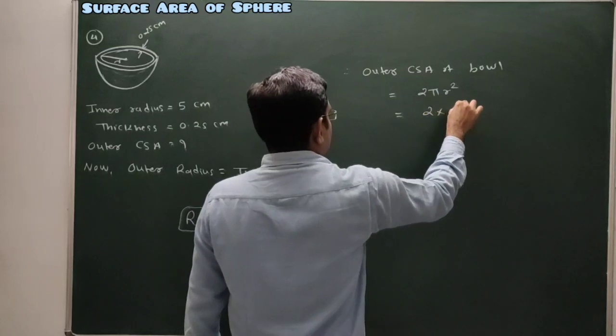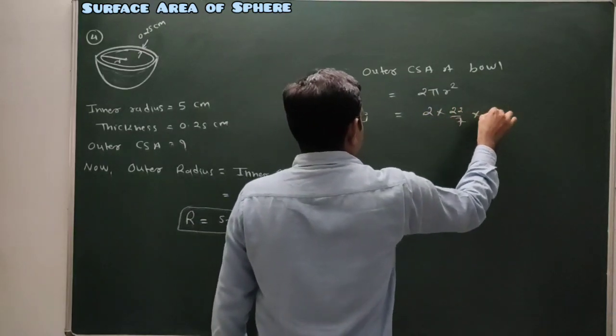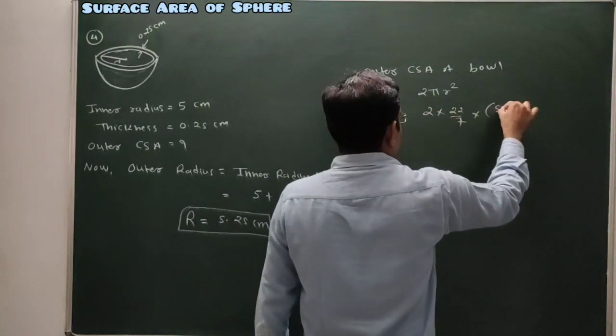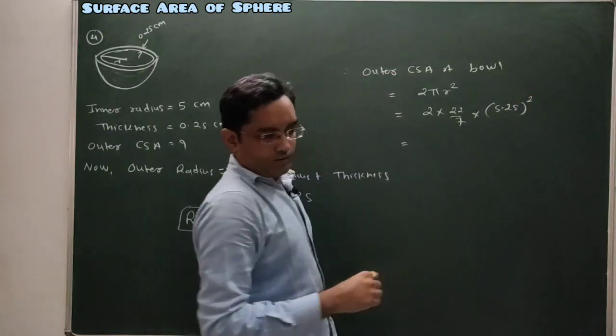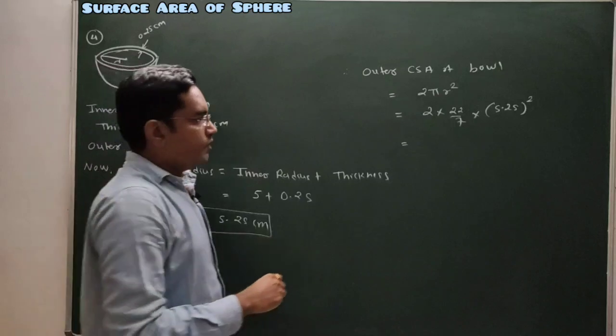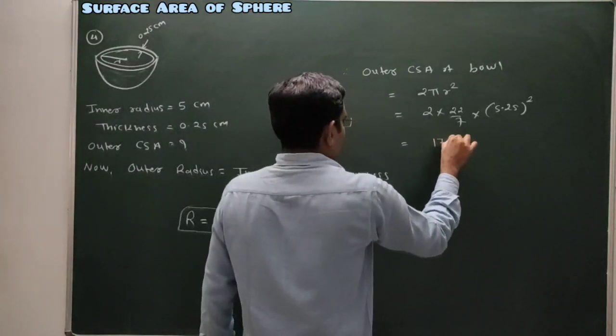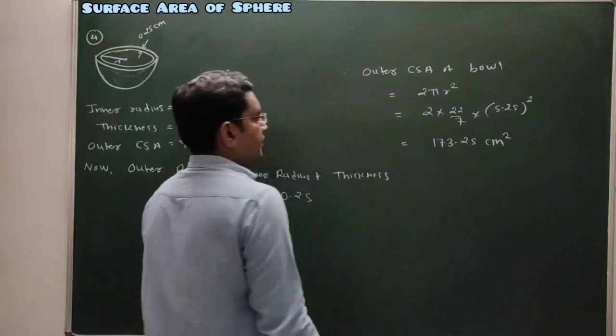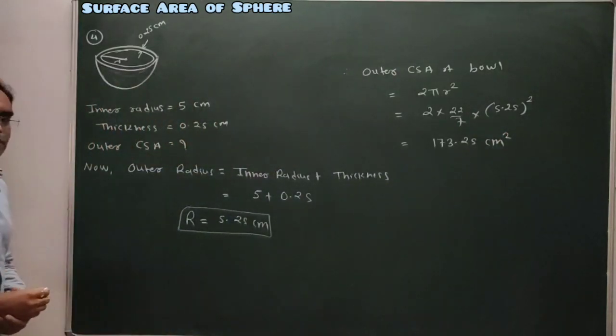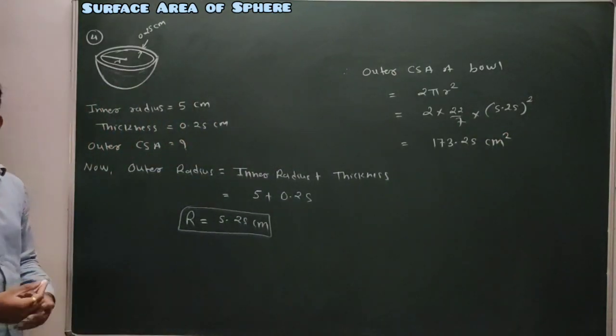This is equal to 2 into 22 by 7 into 5.25 square. Simplify this and you will get the answer as 173.25 centimeter square. Clear students? Now pause the video and note it down.